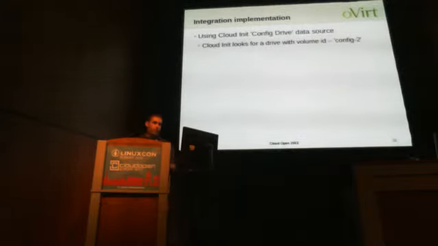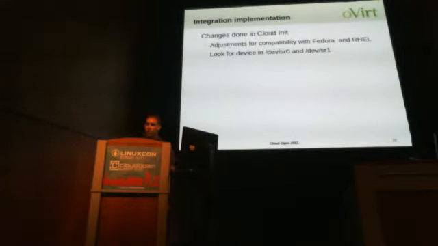So in Cloud-Init, we just needed to use the config drive data source, and we just had to make sure that we are sending the right volume ID, the config-2. We didn't have to do much more in Cloud-Init.